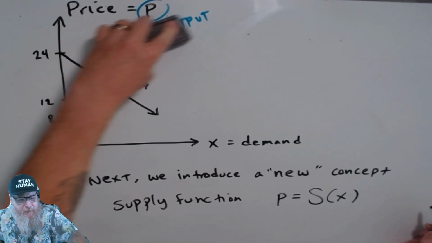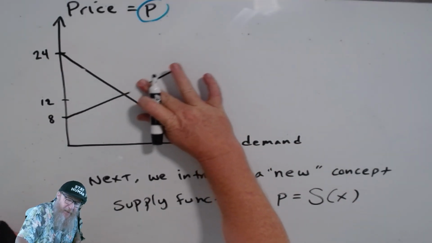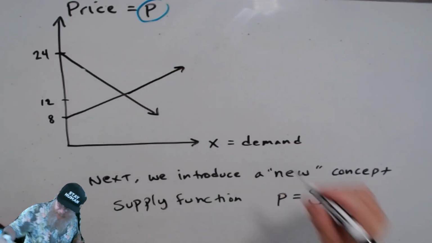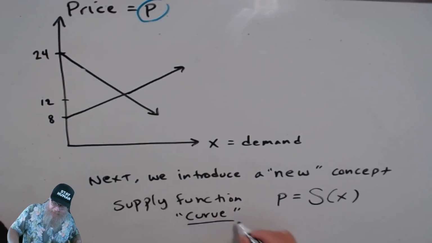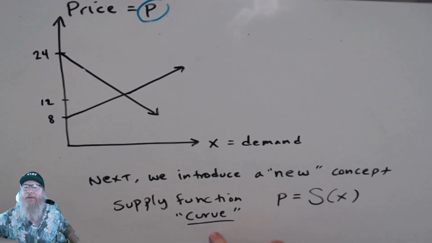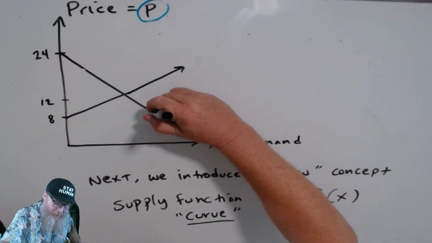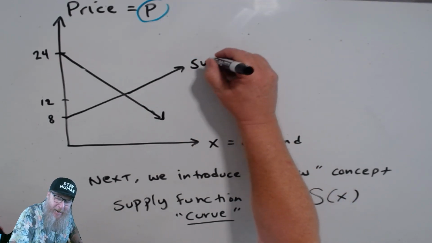And I want to make this very clear here. Supply curve, or the supply function. We sometimes call it a curve. I mentioned this in my last video. Even when a graph is a straight line, we call it a curve. It's just called a linear curve. So supply goes up.